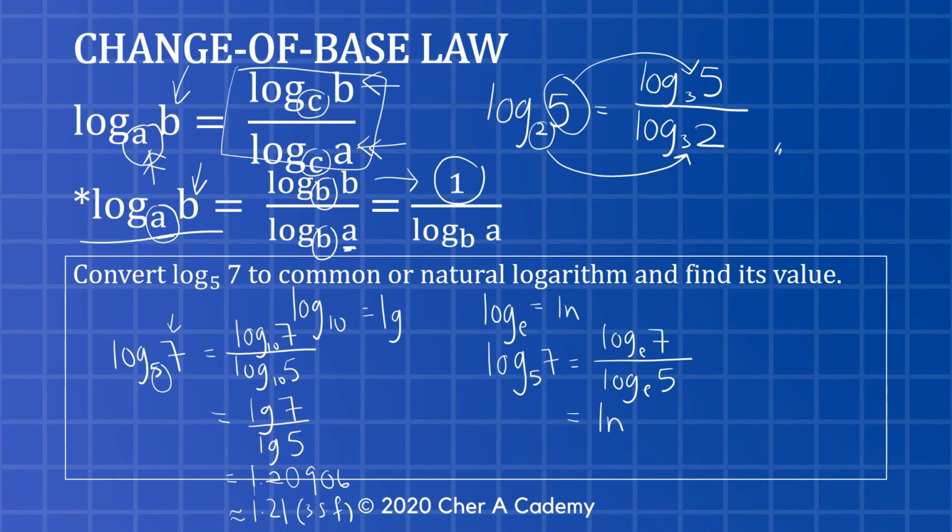So writing it in natural log form, I have ln 7 over ln 5. Now I'm keying it in my calculator, ln 7 divided by ln 5. I will get the same answer, 1.20906. Correcting it to 3 sig fig, I'll get 1.21.